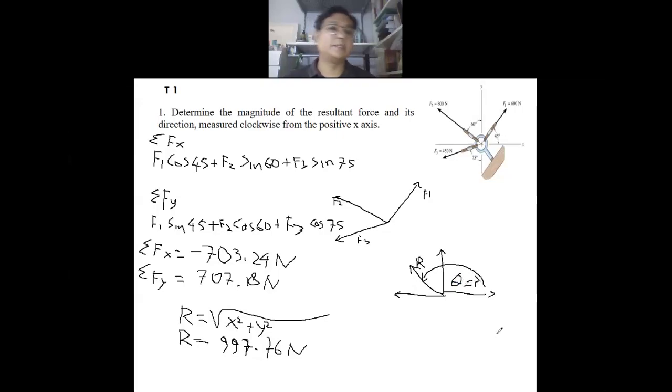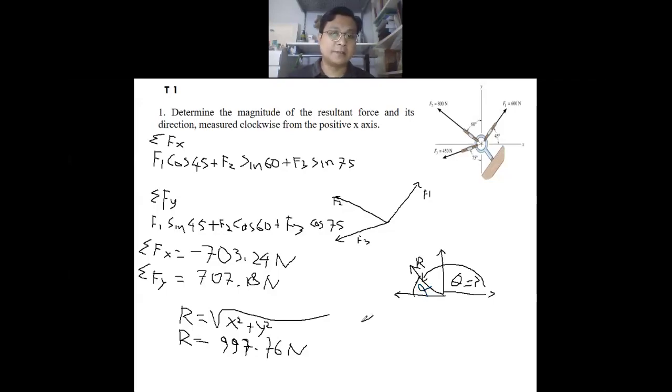Before we calculate the theta, we can calculate from here first. Maybe we can call this part alpha.